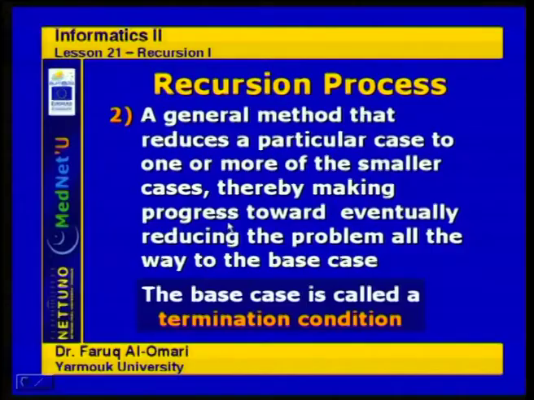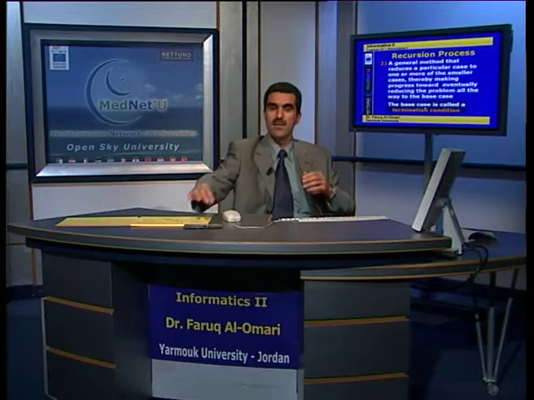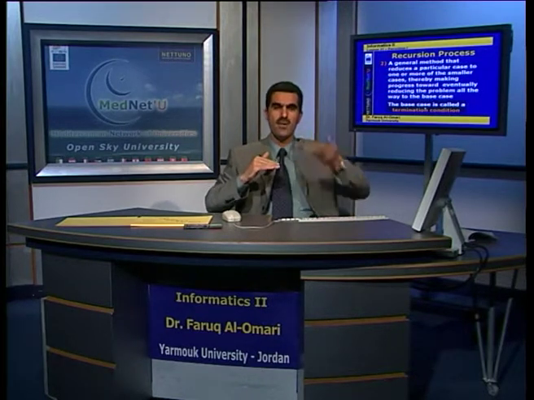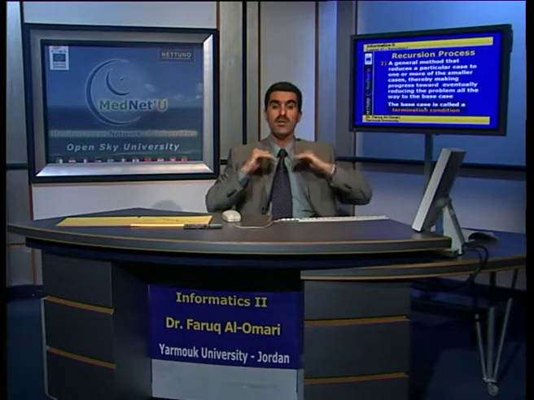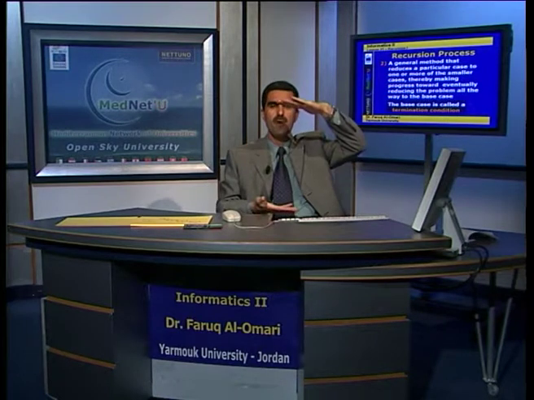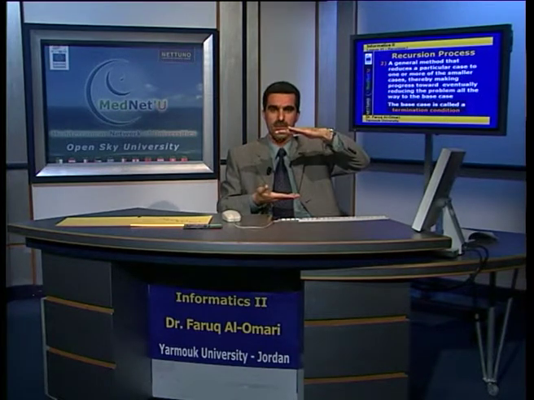So the base case is called actually a terminating condition, and that means that the function is going to keep calling itself again and again. Each time I make a call, the size of the problem shrinks a little bit. All right? And then it's going to call itself again. Shrinks.